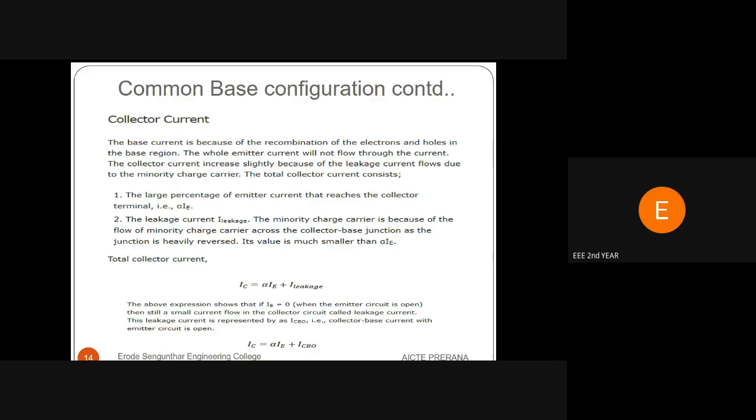This leakage current is due to the flow across the reverse biased junction J2. So the total collector current IC equals alpha IE plus I leakage. From the above equation, when IE equals 0, IC equals I leakage only. The leakage current in this configuration is denoted ICBO.